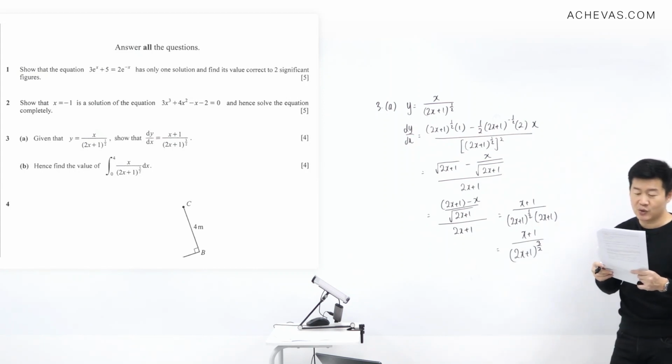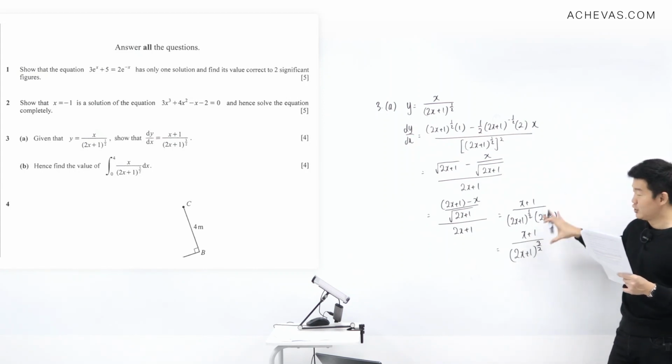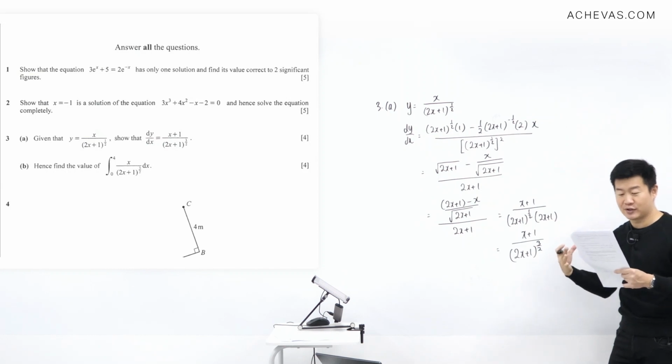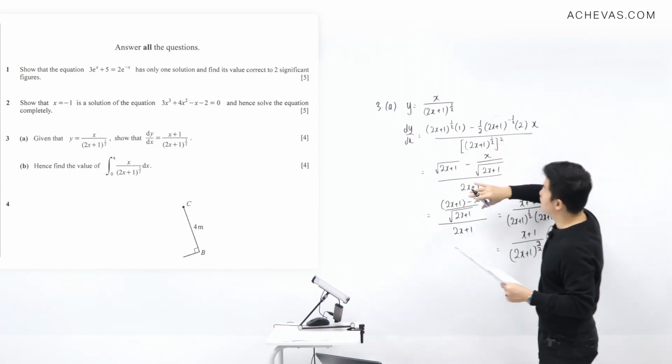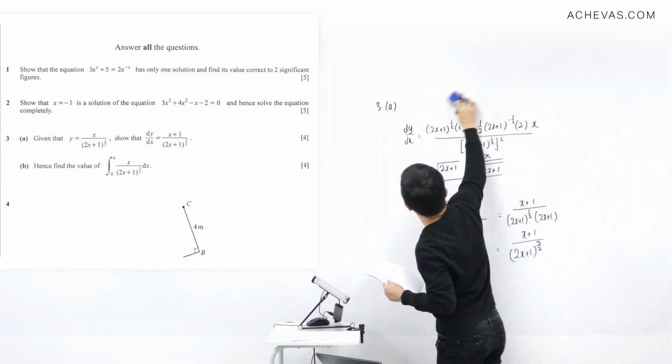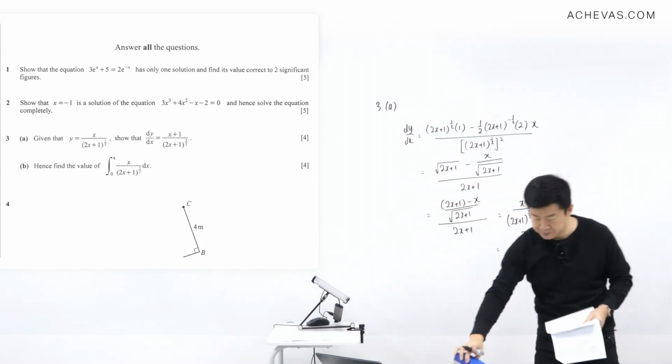We are going to be making use of part A, which we have actually shown what the question wants us to show. So we are going to make use of this to try to do part B because it is a hence. Okay, so we're going to make use of this result. Let me write down the result here, and before I erase it. So this is what we have shown so far.